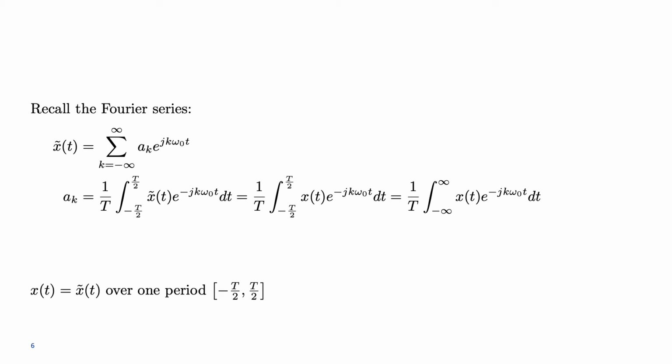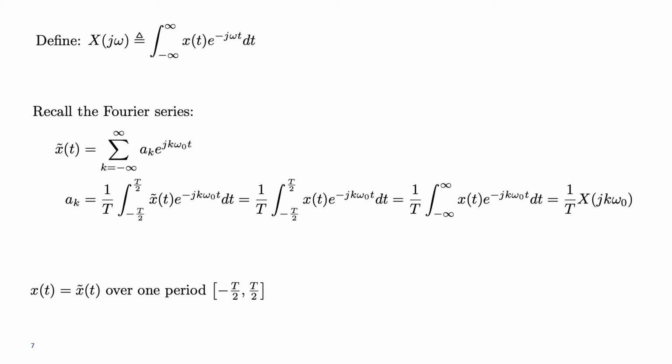Now, let us define x of j omega. X of j omega is defined as the integral of x of t, e to the minus j omega t dt. If we define such a relationship, then we can rewrite the last expression from the previous slide in a more compact form.